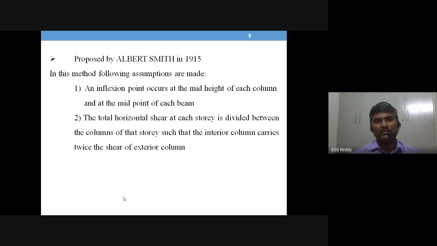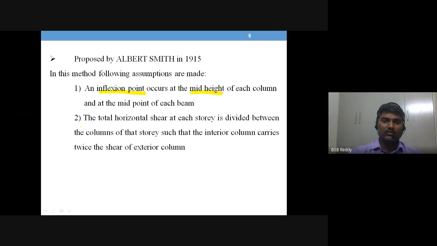The first assumption is that the point of contraflexure or inflection point occurs at the mid height of each column, of each member. The inflection point occurs at the midpoint of each member. That is the first assumption.